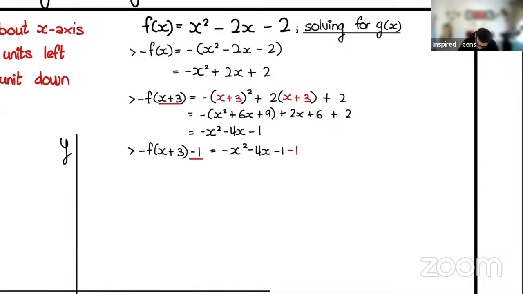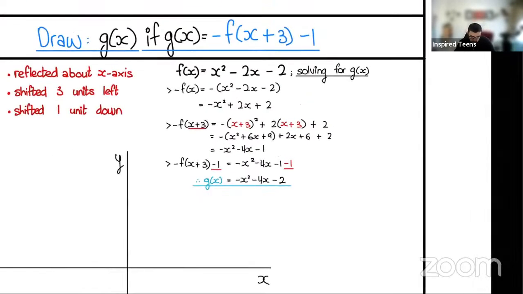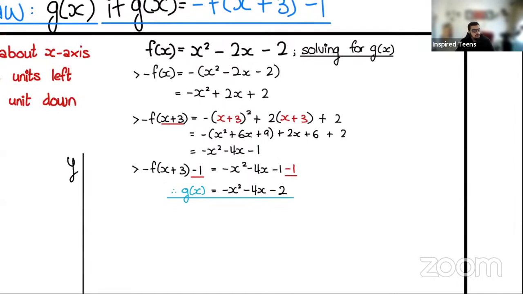That's the change. Now we can simplify. Finally, we get the equation negative x squared minus 4x minus 2. And that is the correct final answer. So this is g of x. Therefore, g of x is equal to negative x squared minus 4x minus 2. That's the final answer for solving for g of x.